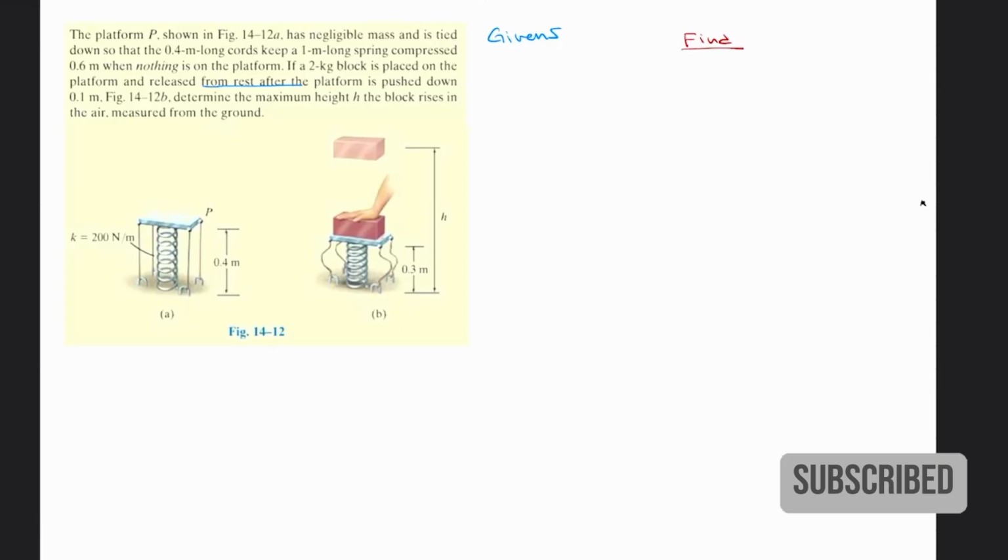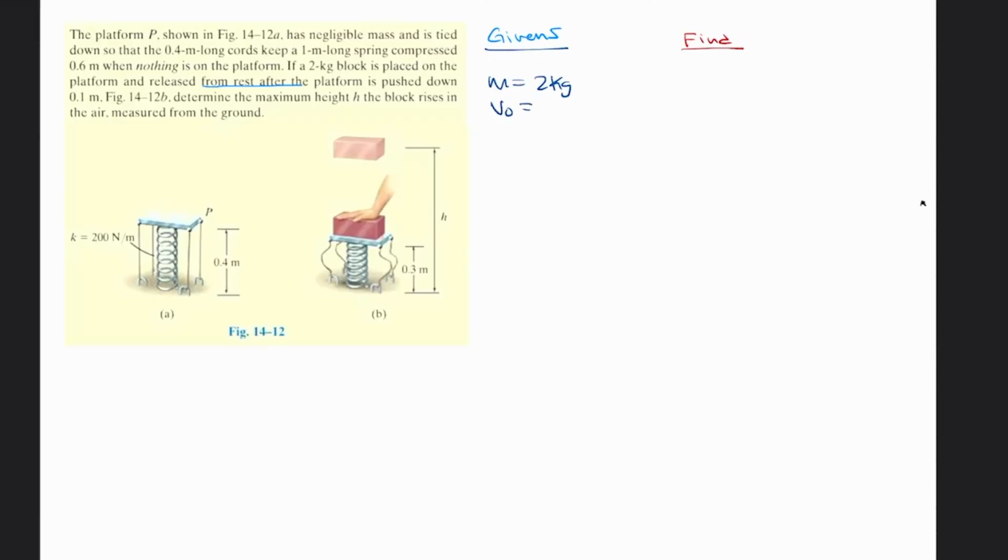In this case, the givens that we have: the mass of the block is 2 kilograms. We have the initial velocity because it starts from rest, so 0 meters per second. We have the stiffness of the spring, as you can see there, 200 newtons per meter.